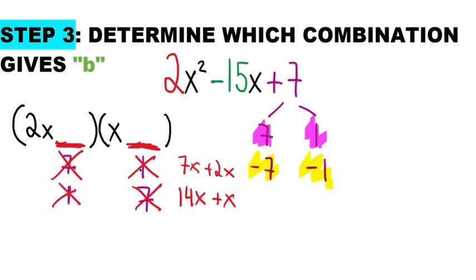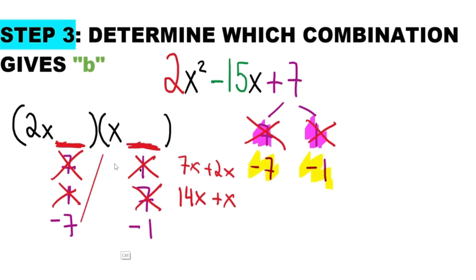But now let's test out our negatives. Maybe that will work. If we have -7 in this area right here, and -1 in the other binomial, let's see what we get.